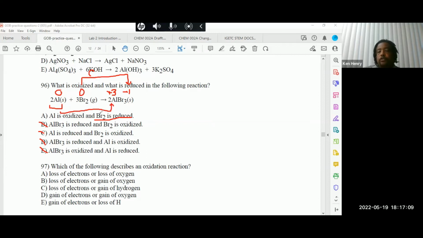If it's going from 0 to a +3, are we losing electrons or gaining electrons? Losing. So that's oxidation. So the correct answer is A.